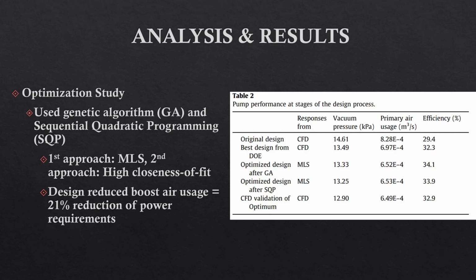This was repeated again and again until the GA produced a design which reduced boost air usage, resulting in a 21% reduction of power requirements. The table shows the design process after each programming or algorithm outputted a design and the different results that the design would output.